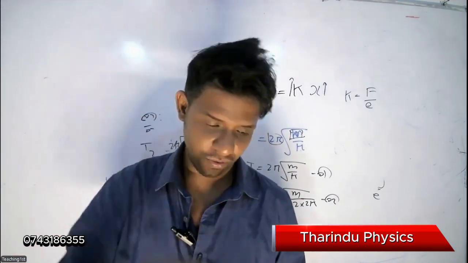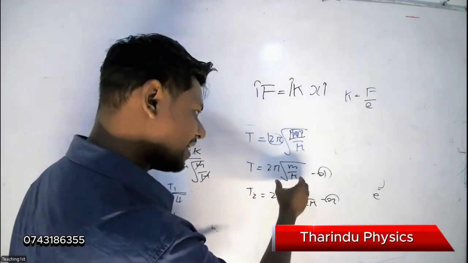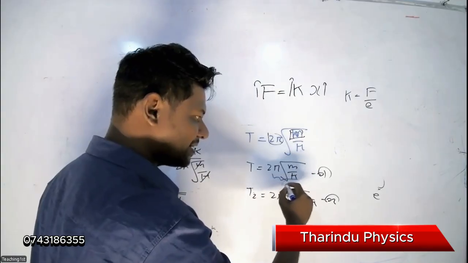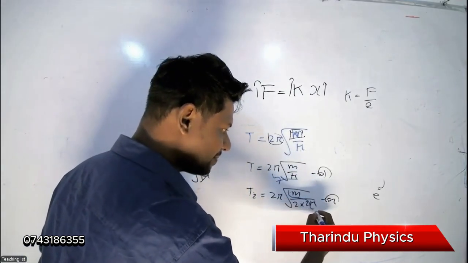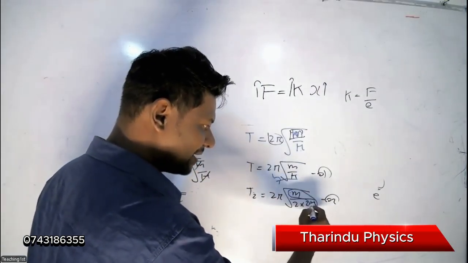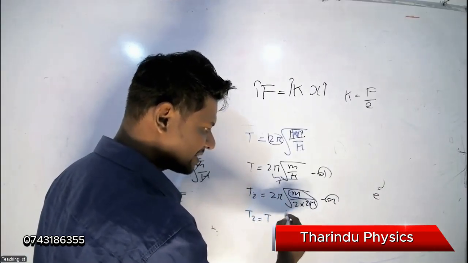We have to improve our mindset to do it in this manner. If I just remove all the factors like this, this whole thing together is T. Can't I separate them? 2 pi root m over k is there, that means nothing other than 2. Your mind should work really fast like this.